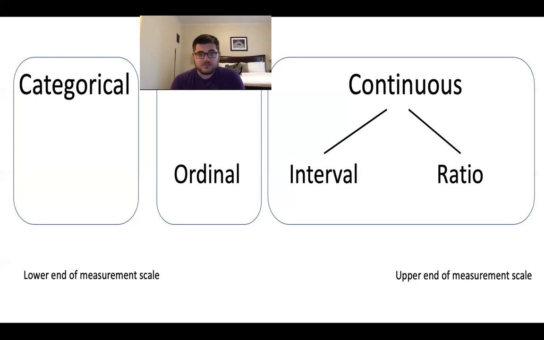Beck Depression Inventory scores are also on an arbitrary scale. If I have a score of 40 and you have a score of 20, does that mean I'm twice as depressed as you? No, because depression is not measured on a ratio scale. It's measured on an interval scale, which means it's on a continuum but doesn't have this ratio quality.